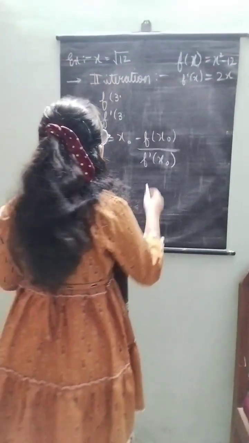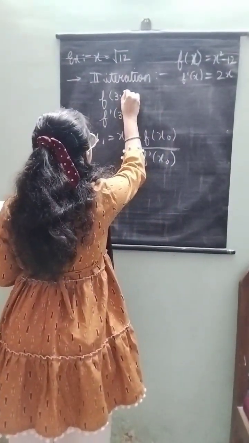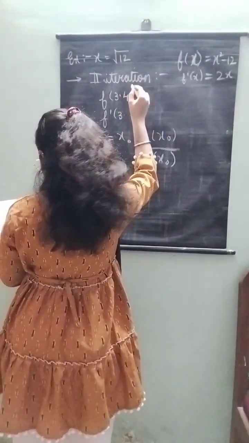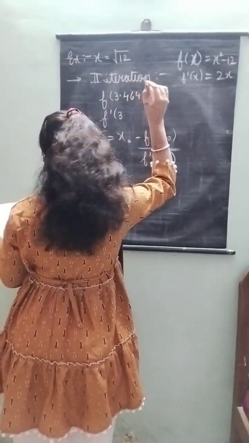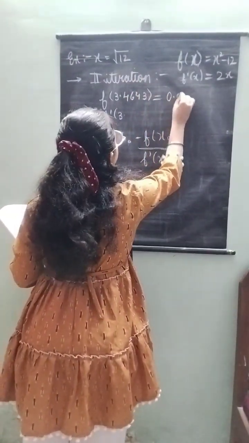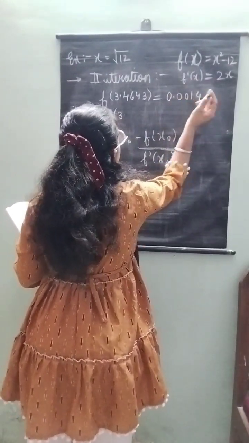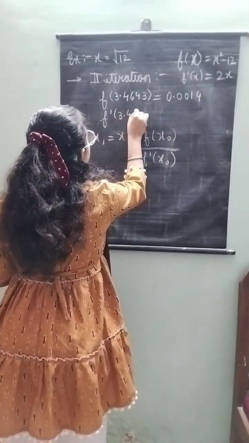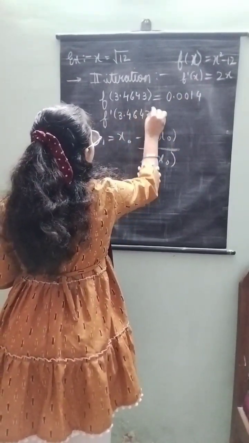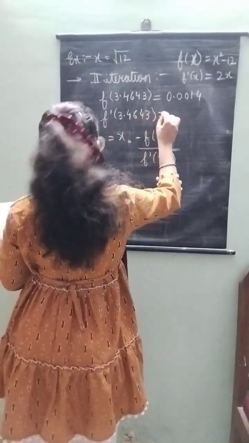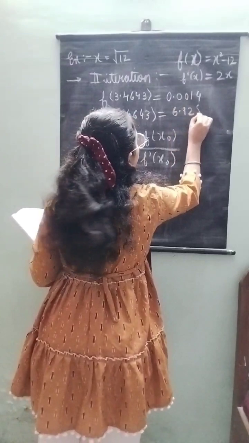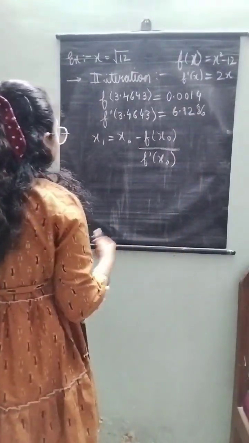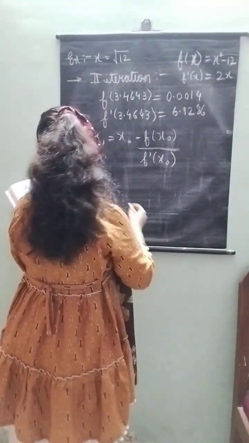Now for the next value of x naught, 3.4643, f of x will be, now I'm doing it directly, 0.0014, and f dash will be 6.9286. Now we will compute it in the formula.